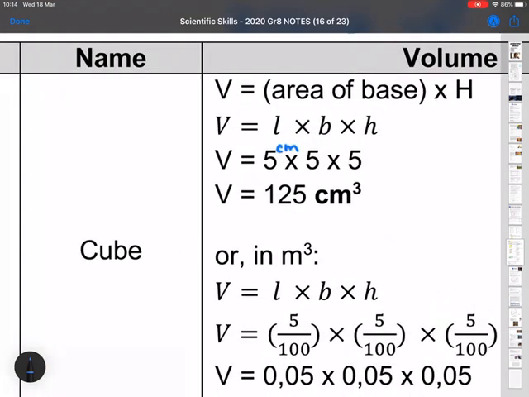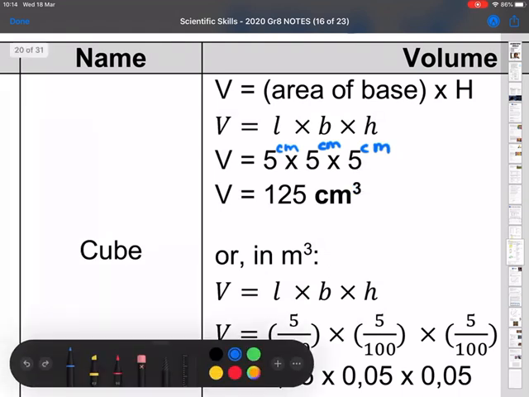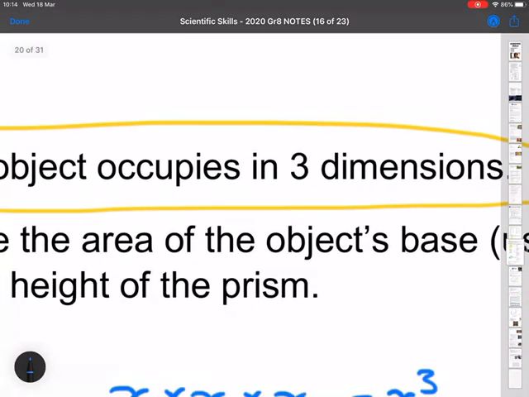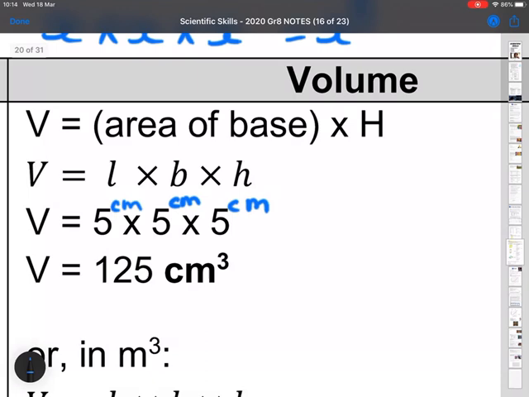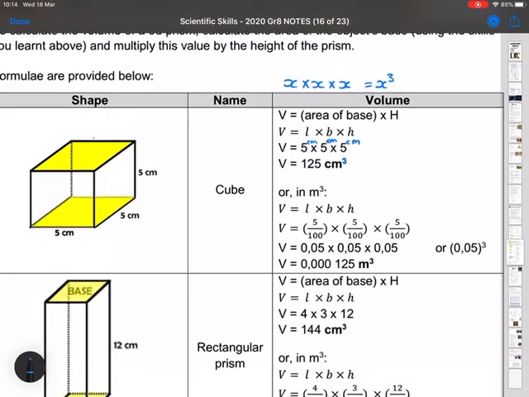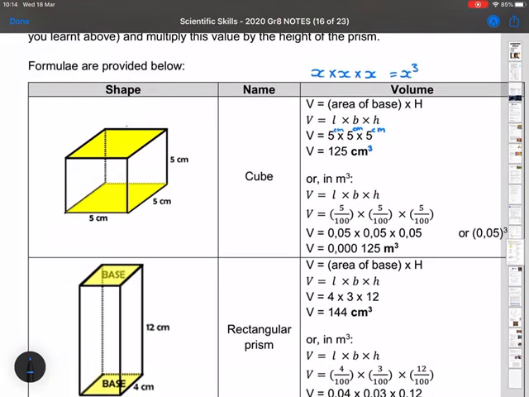So 5 centimeters times 5 centimeters times 5 centimeters gives us 125 centimeters cubed.